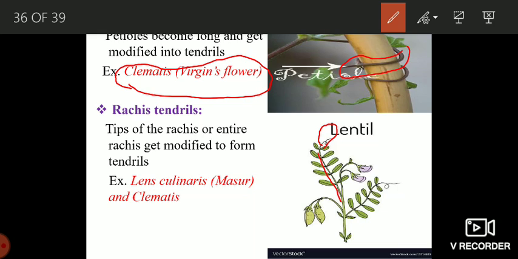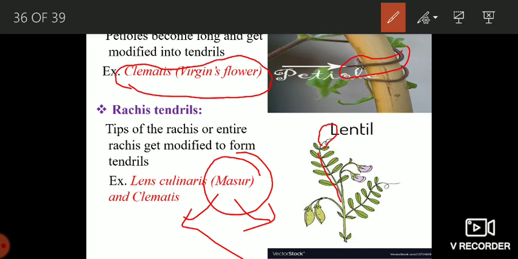The examples are Lens culinaris and clematis. Lens culinaris is commonly known as masoor.